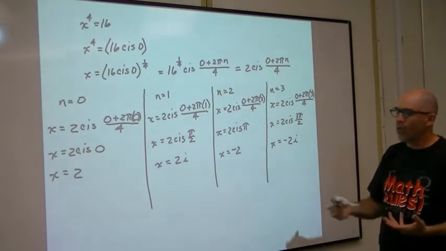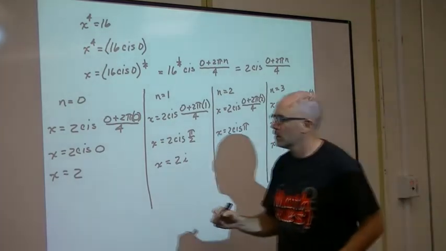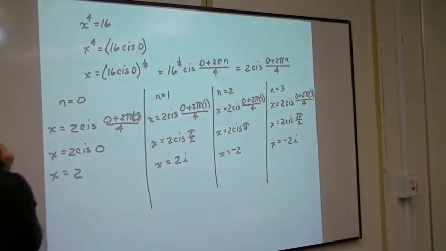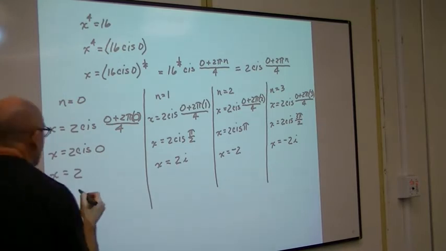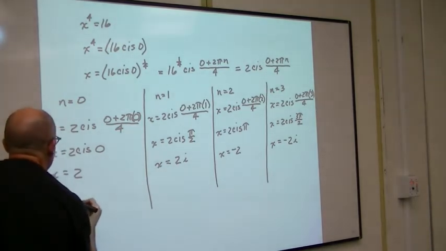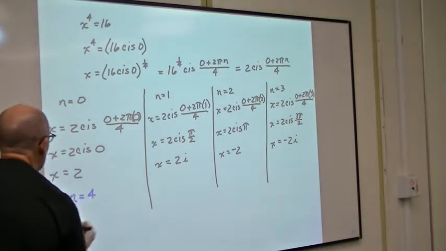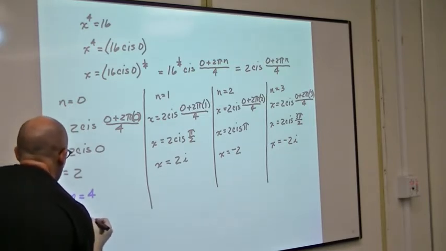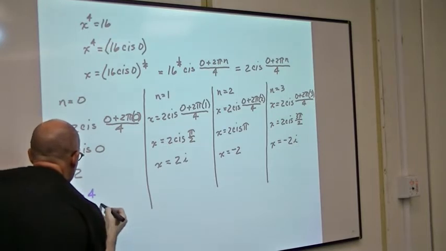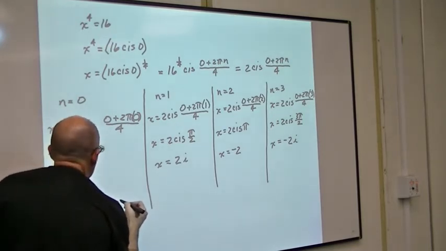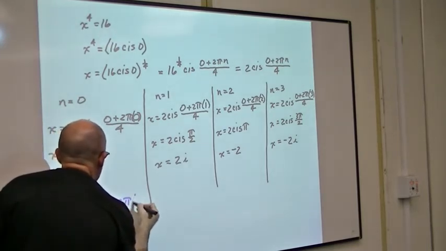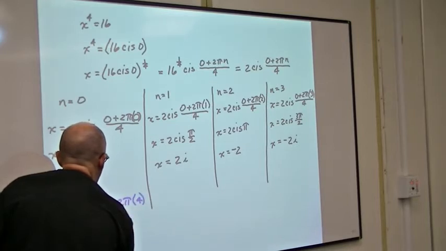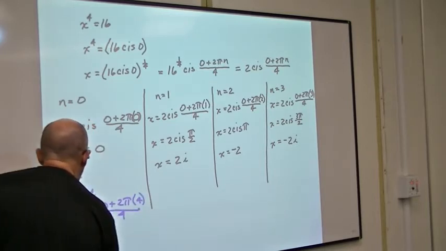Now, let's say we did the case where n equals 4. We want to go one more. So let's try that. The case of n equals 4 is going to look like this. x equals 2 cis 0 plus 2 pi times 4 all over 4.